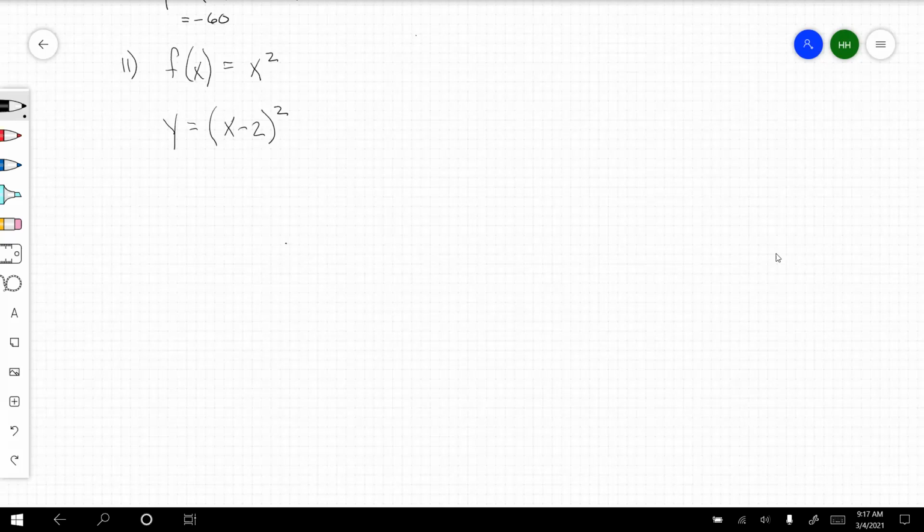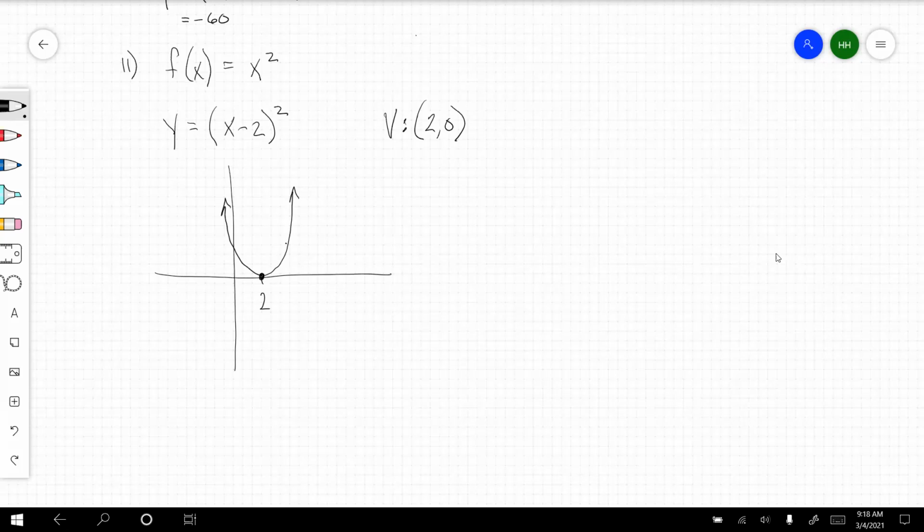So if you had to graph this, your vertex is going to be at 2, 0. Your a is positive. So if you graph this, you go to 2, 0. And since your a is positive and it's 1, it's going to match the parent graph. So it's going to look very similar to this.